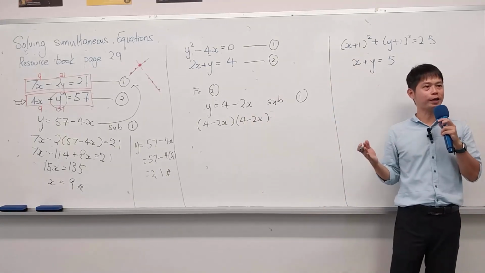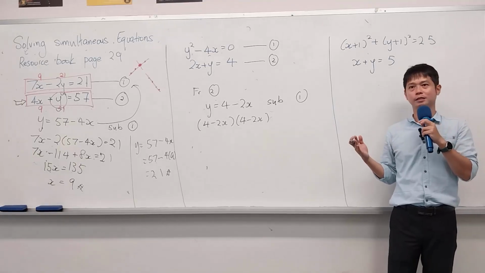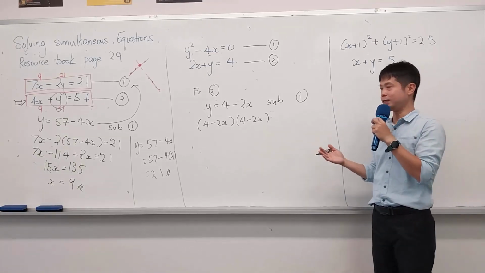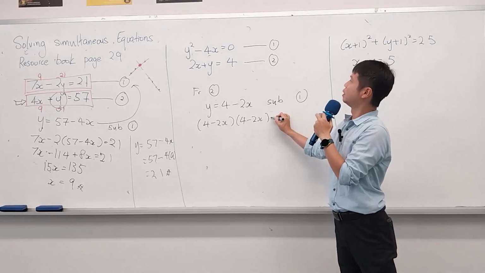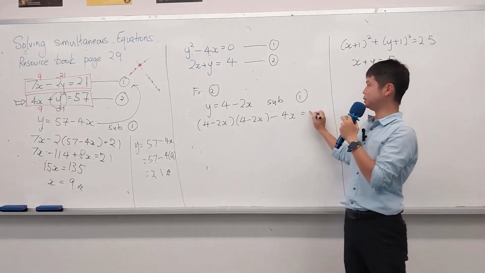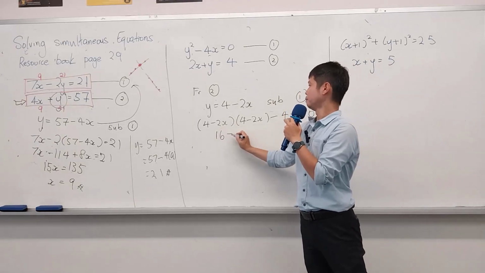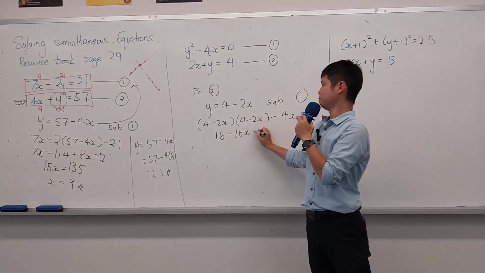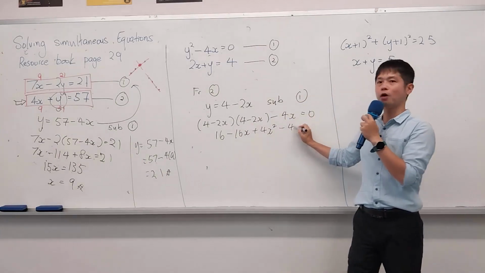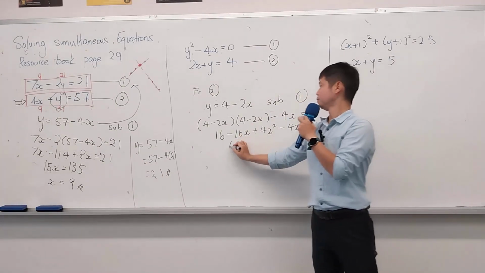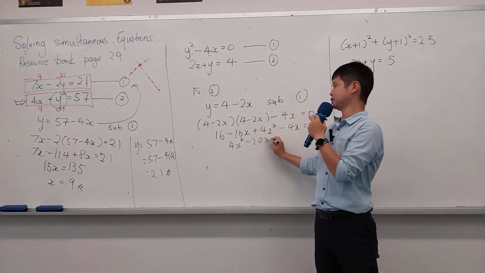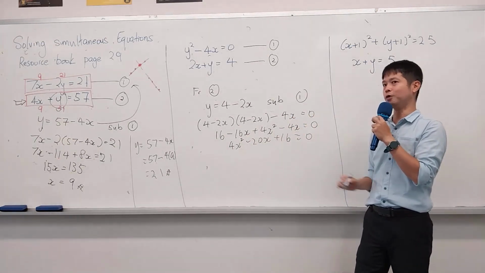There is no other way, you can do it until you are very proficient in it. So we will minus 4x equals to 0, and when we expand it, we will have 16 minus 16x plus 4x squared minus 4x equals to 0. 4x squared minus 20x plus 16 equals to 0.